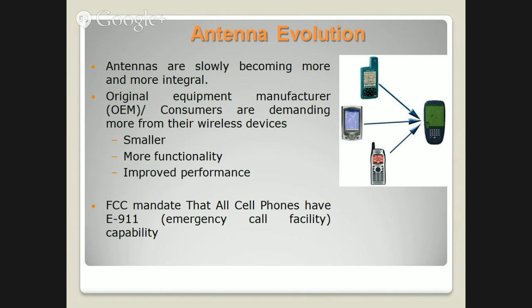In mobile evolution today, the mobile antenna is slowly becoming more and more integral, and today's phones are very small with more functionality and improved performance. Also all cell phones have E911, the emergency call facility, which is also a challenge for antenna design.